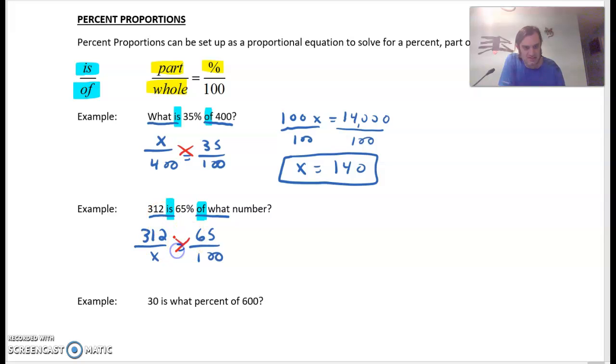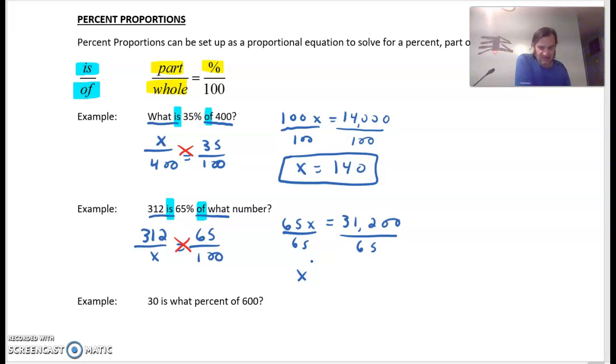Cross multiply. And let's see what we get. We get 65x equals 312 times 100, which is 31,200. Divide both of these by 65. It's possible I should have asked you to round something here.